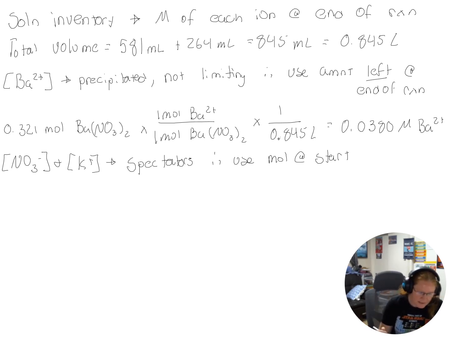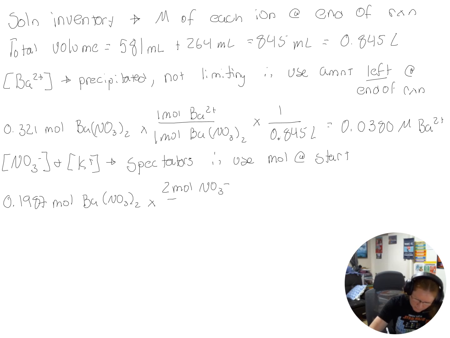Okay, so for the nitrate, we had 0.1987 moles of our barium nitrate that we started with. We have 2 moles of nitrate for every 1 mole. Okay, final solution is the same for everything.